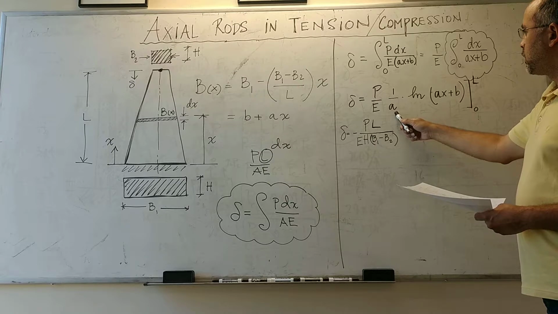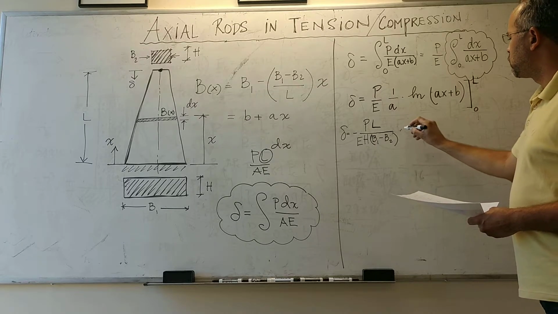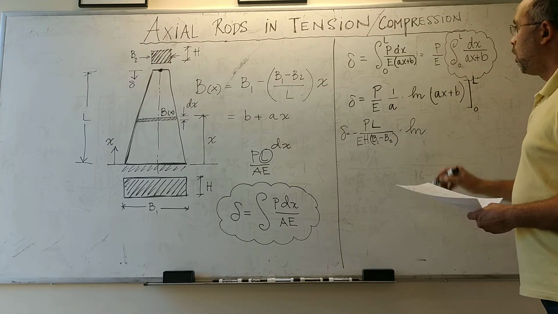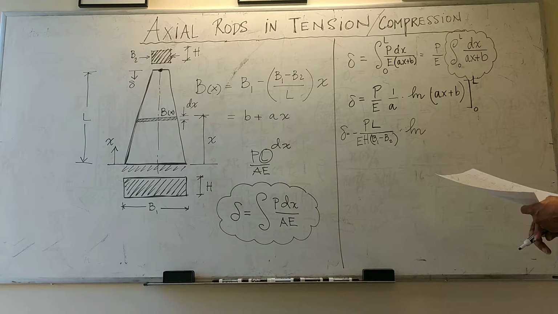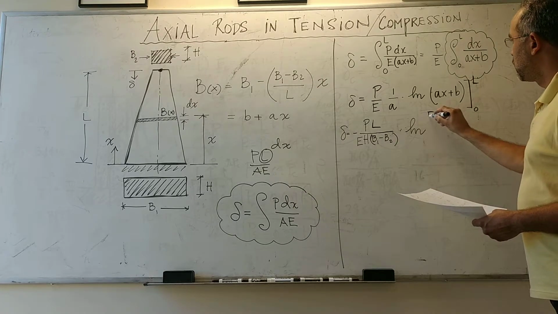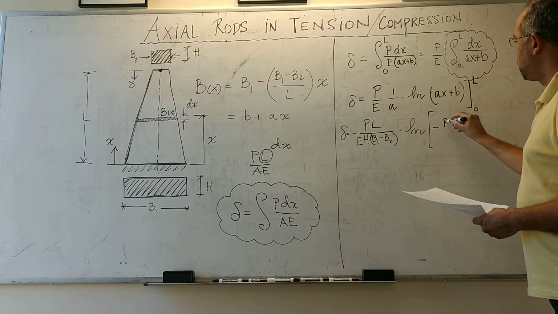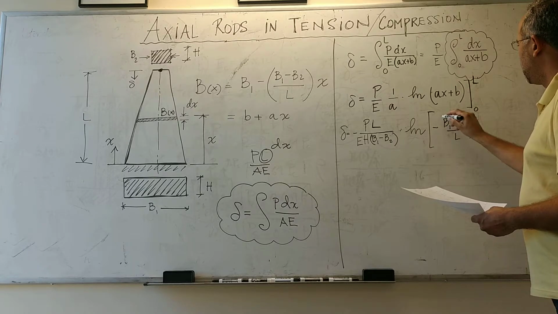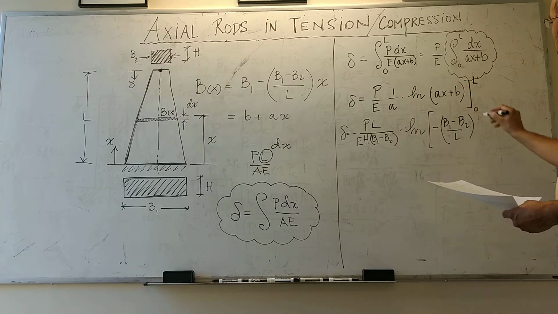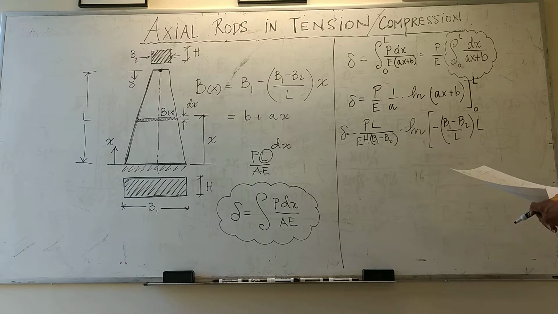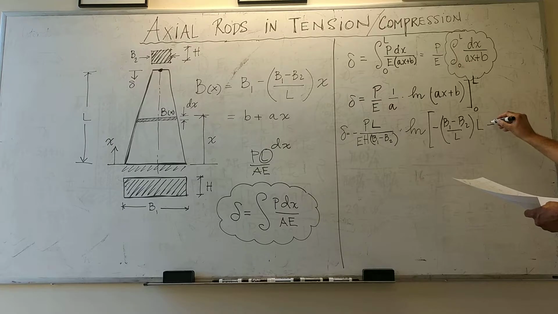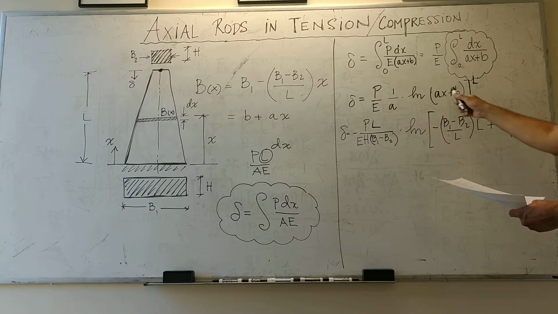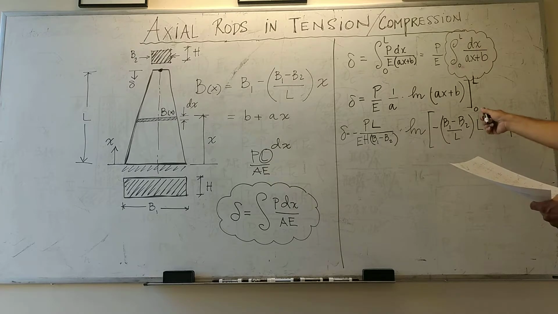We've taken care of this 1 over a, and then we need to say log of a, which is minus (b1 minus b2) divided by L, evaluated at L, plus b, which is plus b1, minus log of this evaluated at x equals 0.